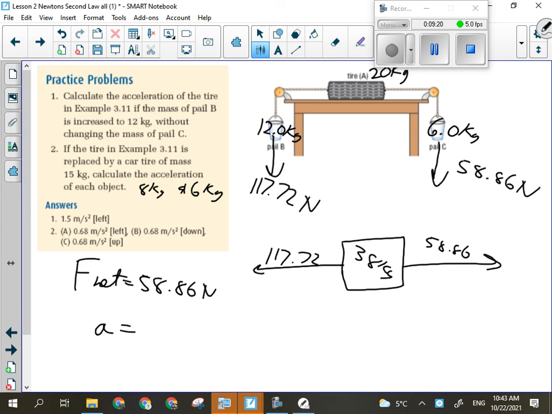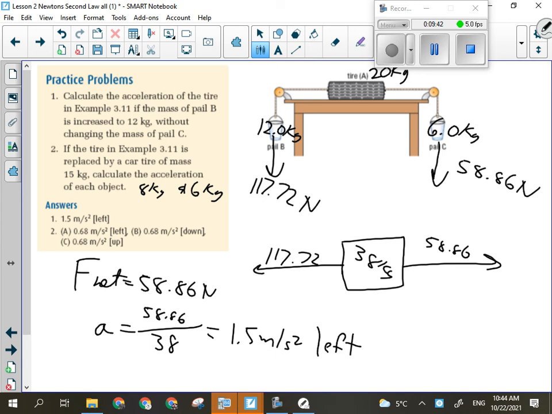Okay, so I'm going to take my 58.86 and divide it by 38 kilograms, net force over mass. Right, and that should give me 1.5 meters per second squared, and now I can give a direction to the left.